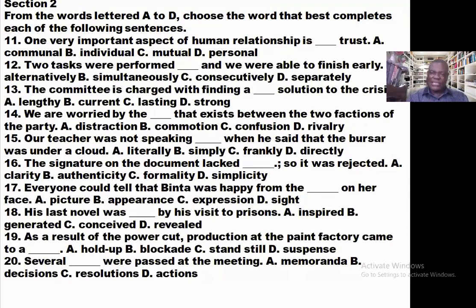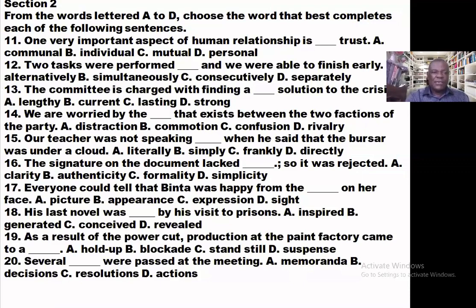Collocation means words that tend to associate with one another and are used regularly together in English sentences. One word complements the other. So in this case, lasting is a collocate of solution.